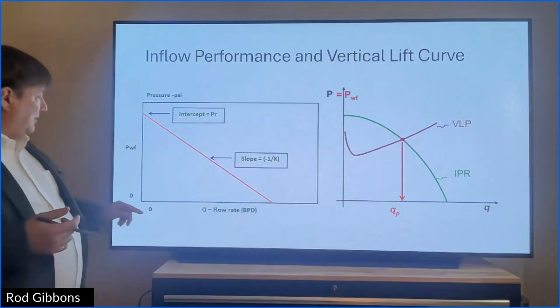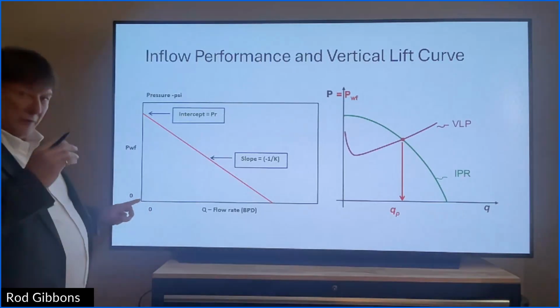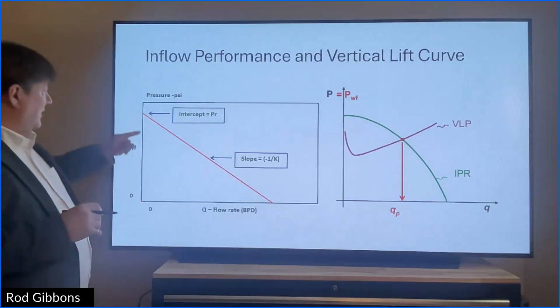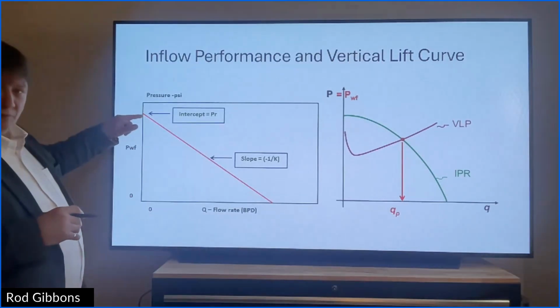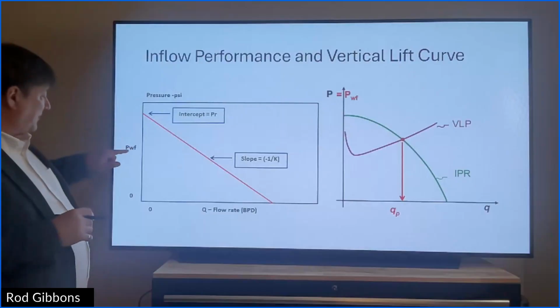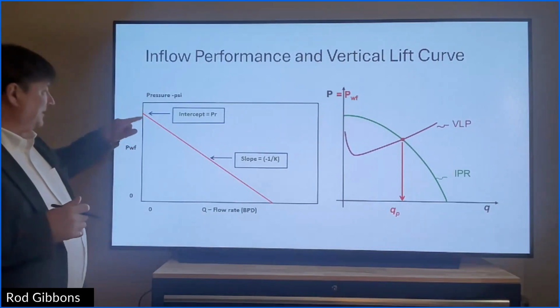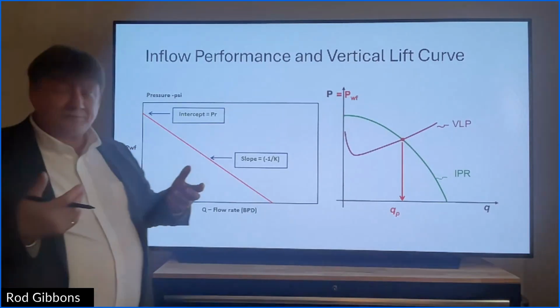If you have zero flow, so the well is shut in, you'll get a shut-in reservoir pressure. This is pressure wf, pressure while flowing. At zero production, this is your shut-in pressure.